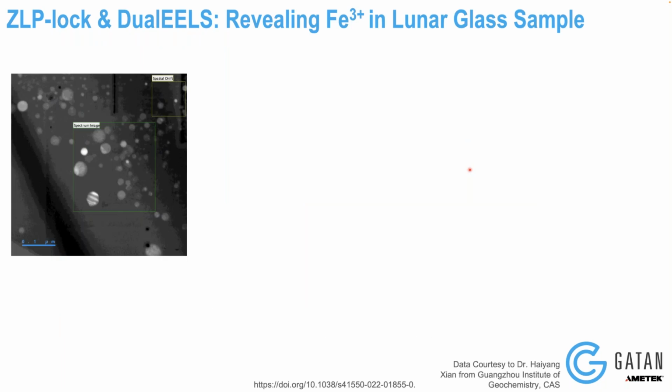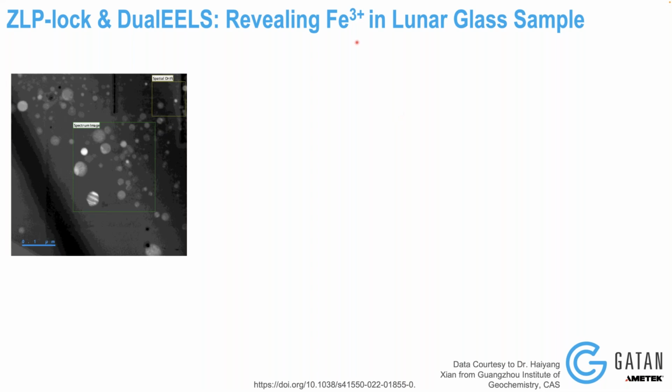Okay, so here's a walkthrough of how we might go about setting up an experiment and some results on a real system. This is an experiment that was done on a lunar glass sample, interested in mapping different oxidation states of iron in this sample.